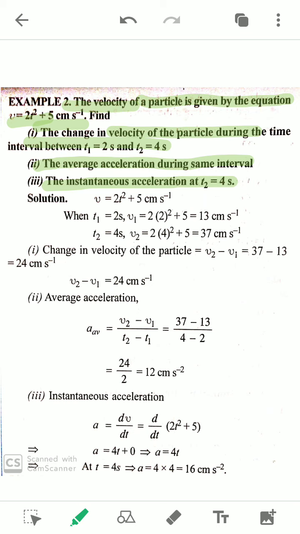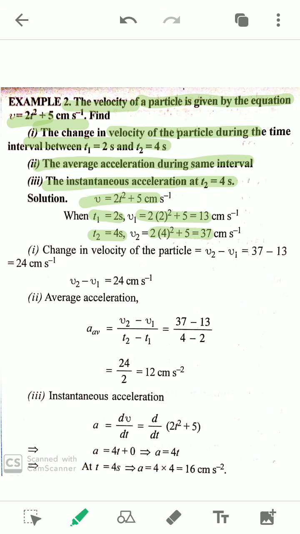According to the question, the given equation of velocity is v = 2t² + 5. At time t1, that is 2 seconds, substitute the value 2, the solution is 13. At time t2, the value equals 4, substitute 4, the solution is 37.